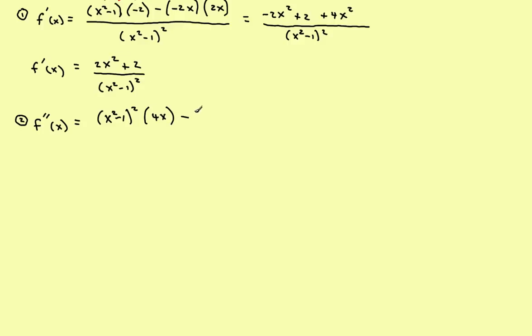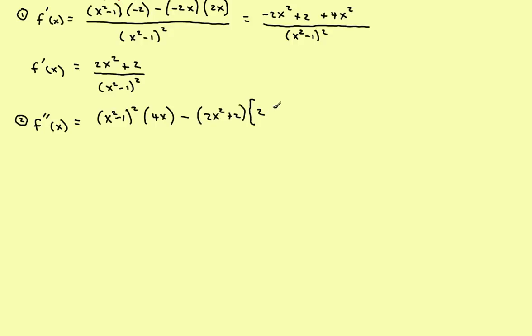then minus the original numerator, which is 2x squared plus 2, times the derivative of the denominator, but I'm going to switch to brackets here because this is going to involve the chain rule. You've got a composite function. So just looking at the denominator here, it's the derivative of the outer part times the derivative of the inner part.